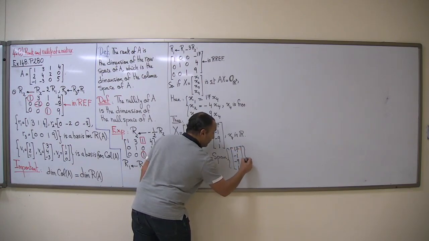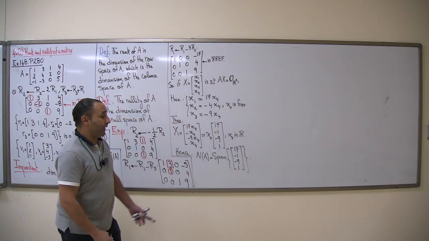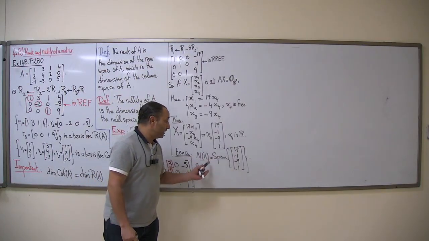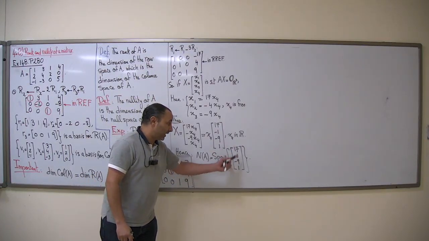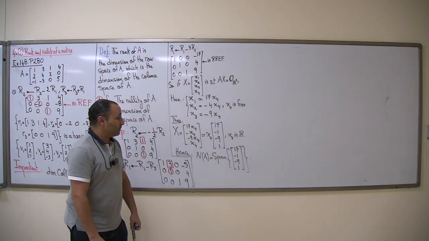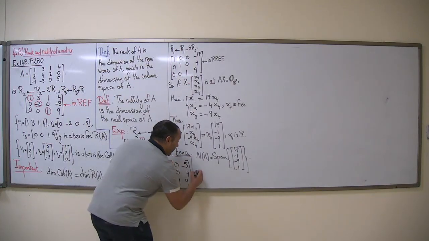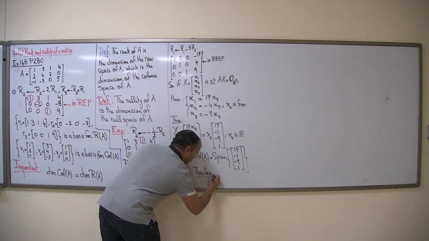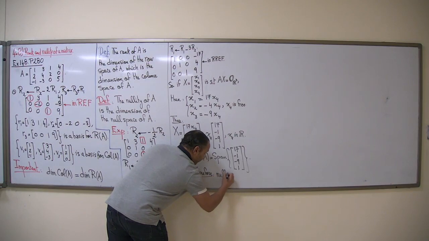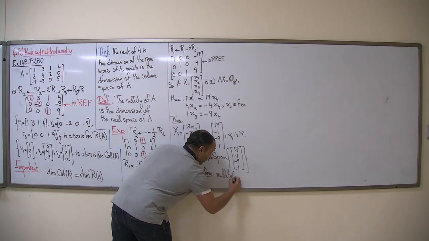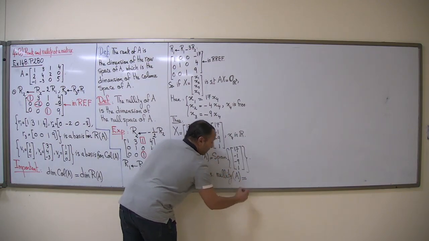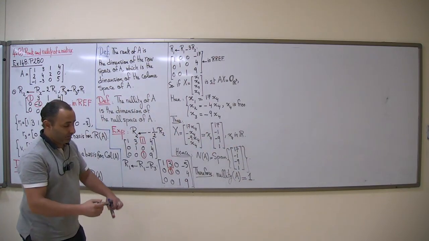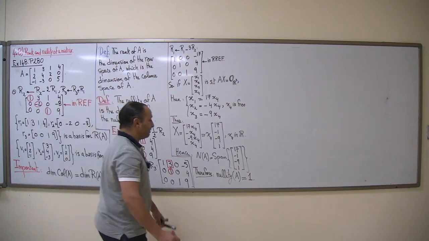This vector forms a basis for the null space of A, and so the nullity of A, this is the notation, we write it like this, is equal exactly to 1. Nullity of A is equal to 1. Okay.